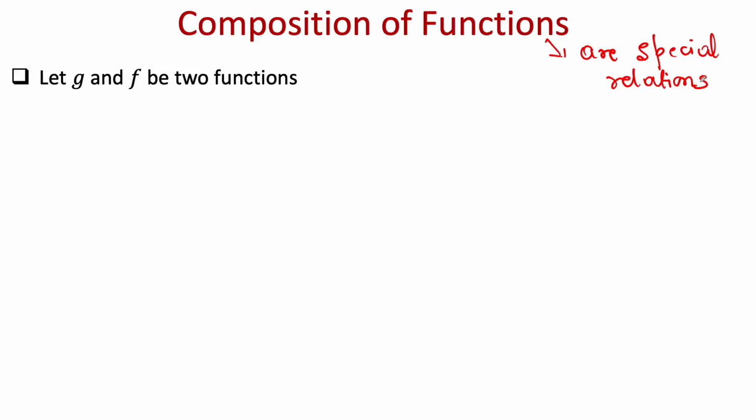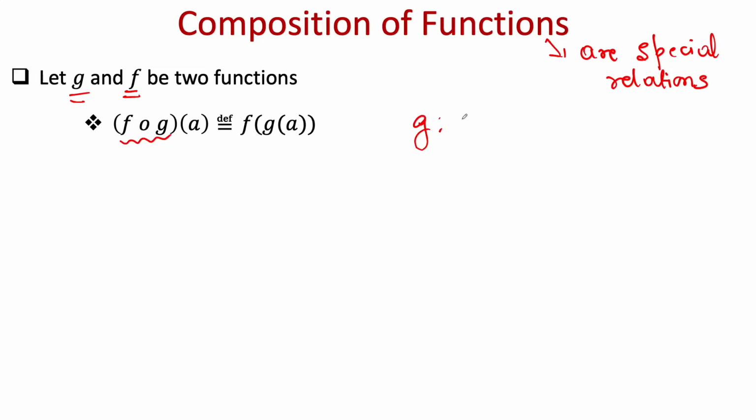Imagine you are given two functions, g and f, with appropriate domain and codomain. Then the composition of the f function and the g function is denoted by this notation, and this is defined to be a function.